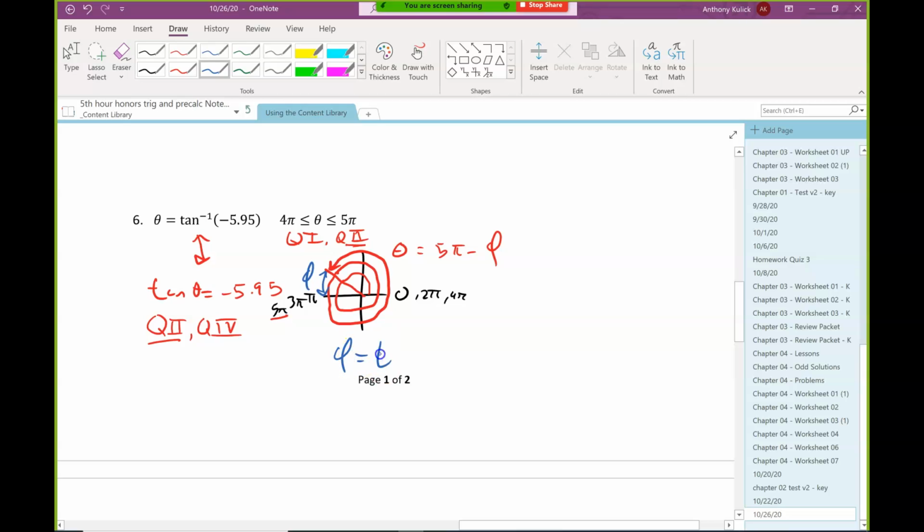And in this case, phi is going to be tangent inverse of the absolute value of negative 5.95.